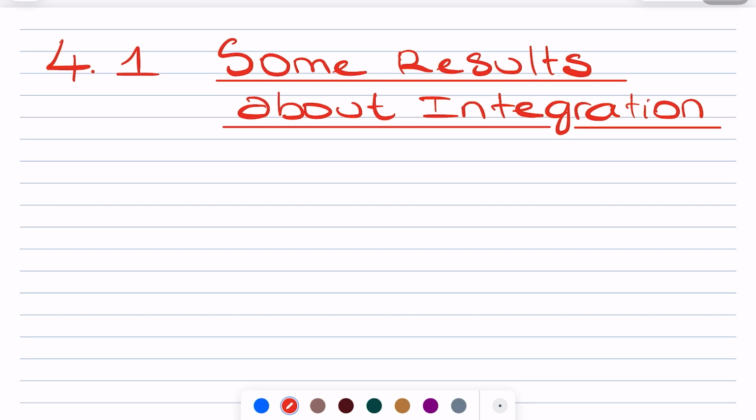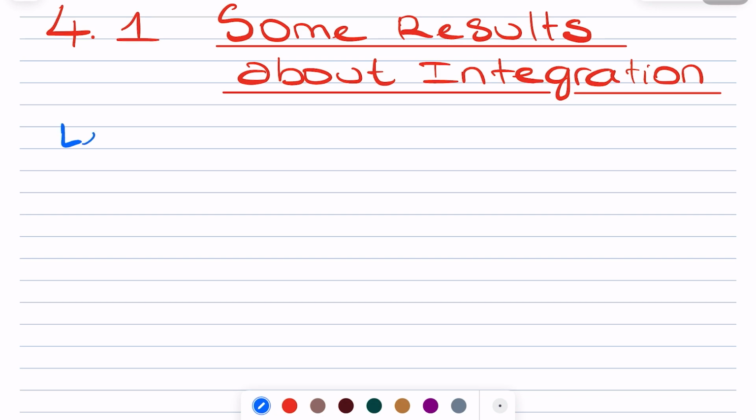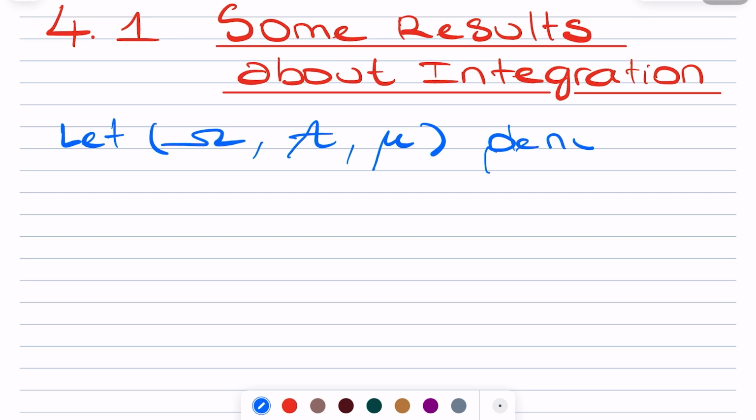Let (Omega, A, mu) denote a measure space. I will tell you in a second what it means.